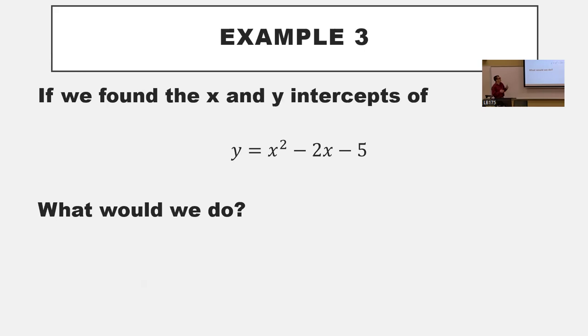If you plug in the 0 for your x value, in this case, you get -5. So 0, -5 would be your y-intercept. On the other hand, if we plugged in 0 for the y value, in order to find our x-intercept, it's a lot more difficult to solve.